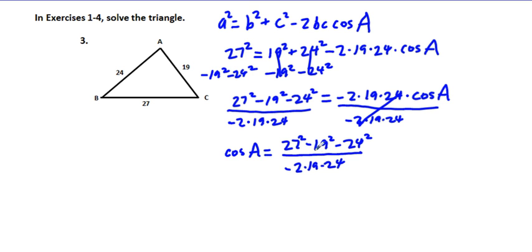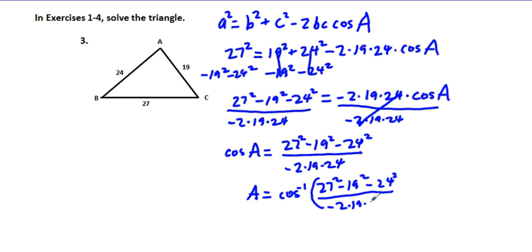That will give us the cosine of A, and A is going to be equal to the inverse cosine of all this: 27 squared minus 19 squared minus 24 squared all over negative 2 times 19 times 24.